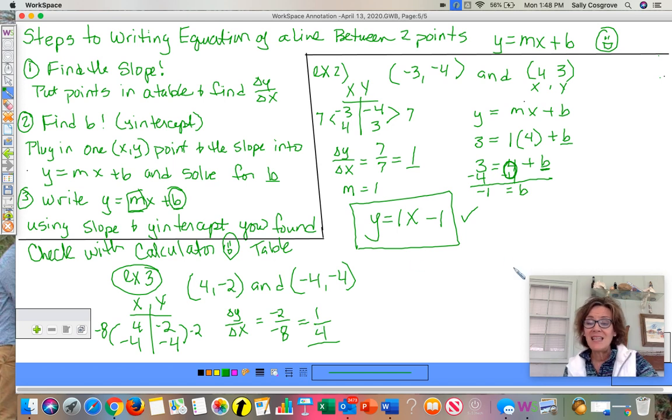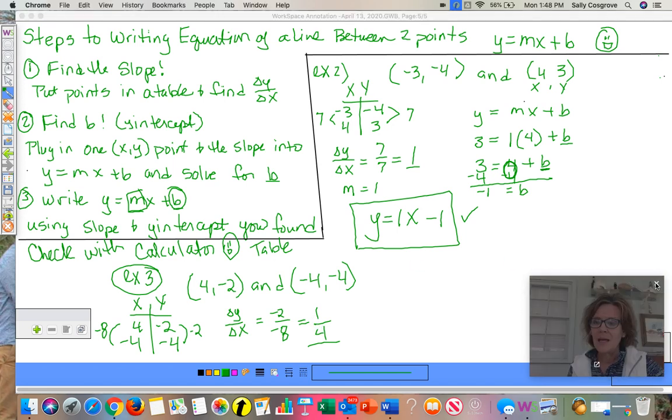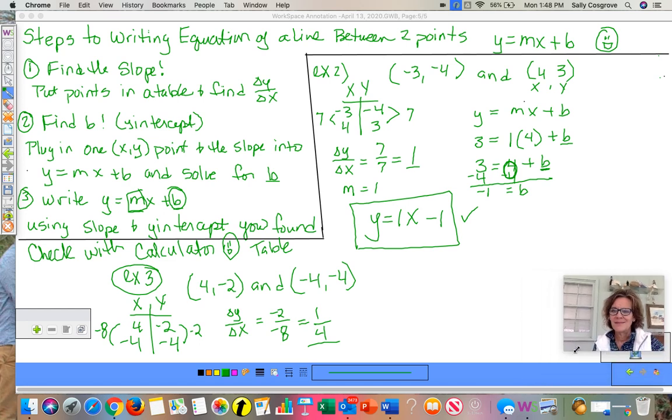The next thing that I need to do is find the y-intercept. So I'm going to plug in one of these points and the slope and find b.